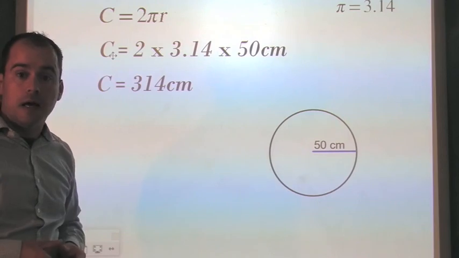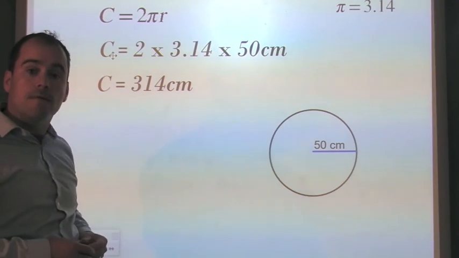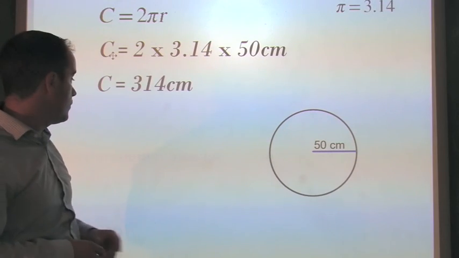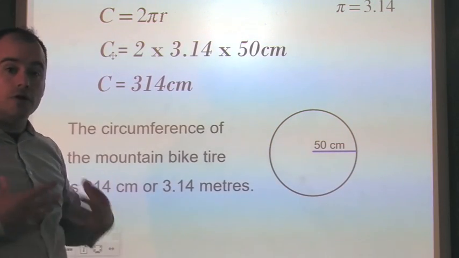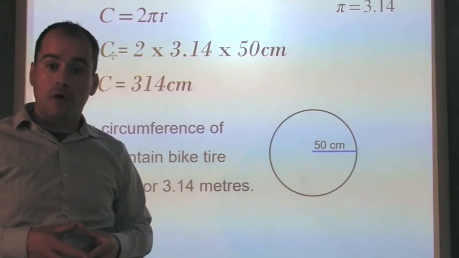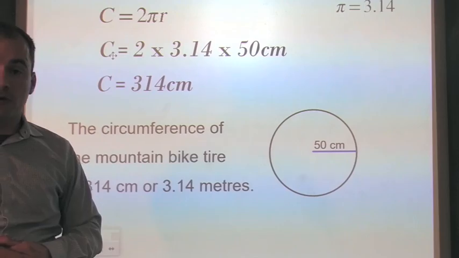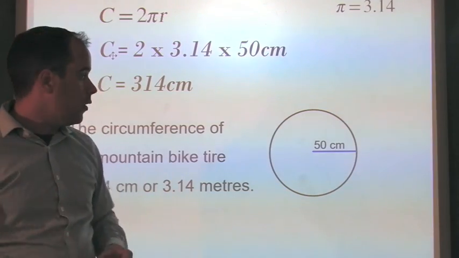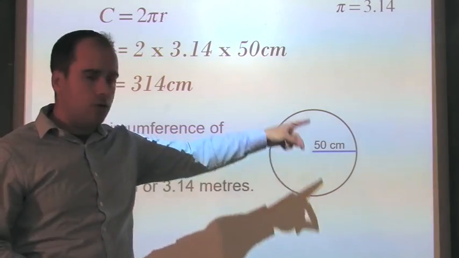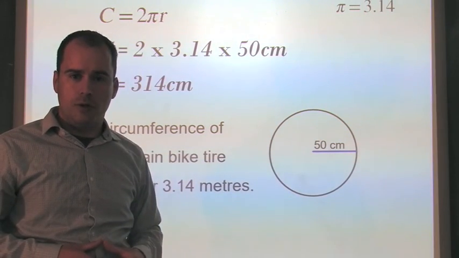When we calculate that, we find out that the circumference of this circle is 314 centimeters around. So the circumference of the mountain bike tire is 314 centimeters, or 3.14 meters. Now we know that every time that tire goes around once, it travels 3.14 meters.